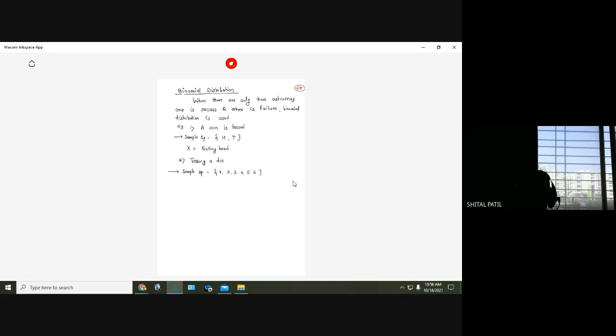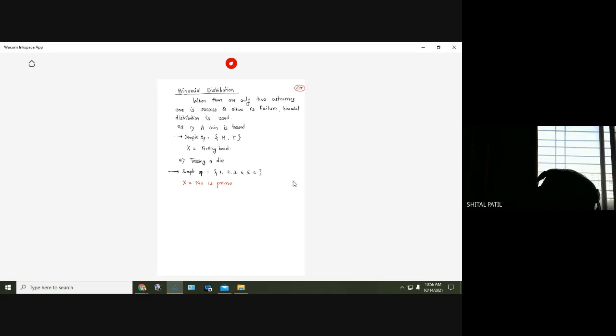See, we don't have to decide from the sample space, we have to decide from the X. So we have to define X such that we'll have only 2 outcomes, success or failure. Now what may the X be? Number is prime. Right?